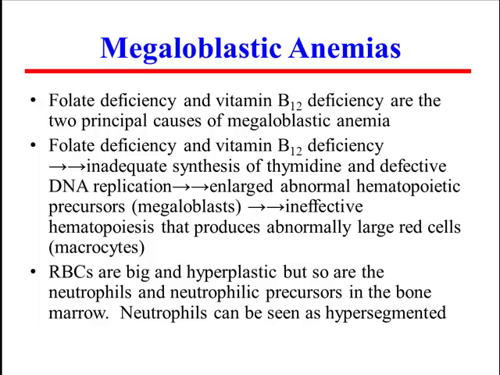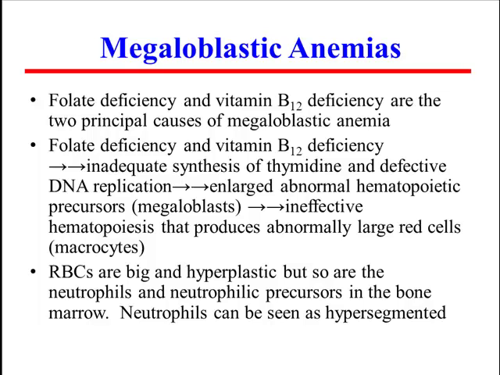Okay, megaloblastic anemias. The two principal causes of megaloblastic anemias are folate deficiency and vitamin B12 deficiency. These two vitamins are important because if you have inadequate synthesis of these vitamins, then you're going to have inadequate synthesis of thymidine.